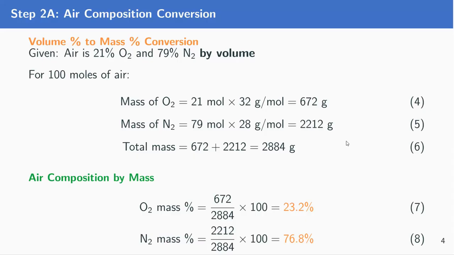Mass of nitrogen is 79 mole times 28 gram per mole, so that is 2212 gram. Total mass is 672 plus 2212, that is 2884 gram. So air composition by mass: oxygen mass percentage is 672 divided by 2884 times 100, that is 23.2%. Nitrogen mass percentage is 2212 divided by 2884 times 100, that is 76.8%.